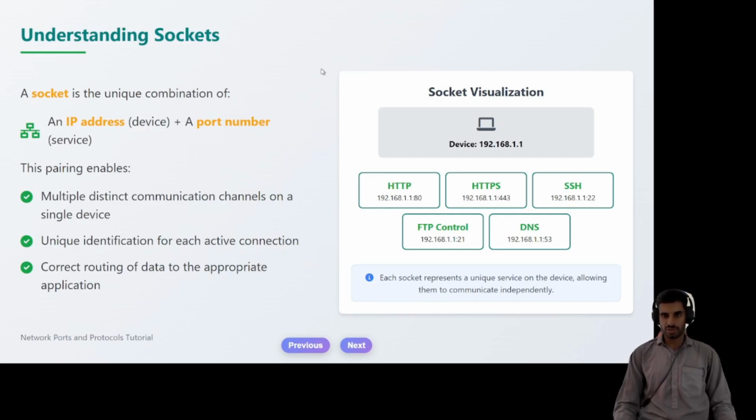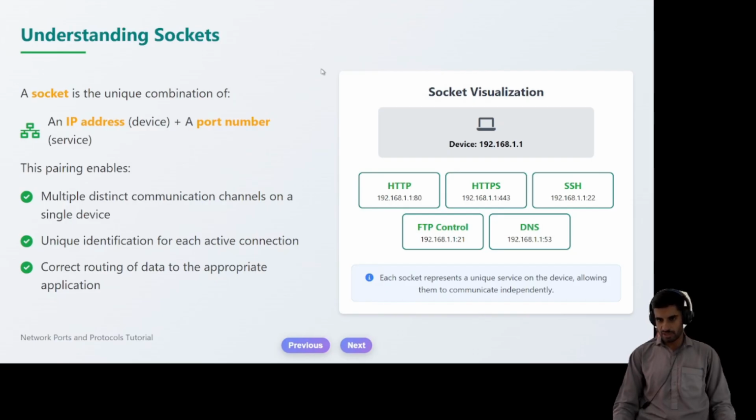So we got the visualization of a socket. We have the device, which could be a server, the server IP address, and then the port. For the HTTP protocol, you can see there is an IP address and the port number. We use 80 with HTTP, and as you can see, with HTTPS we use port 443 with the IP address.